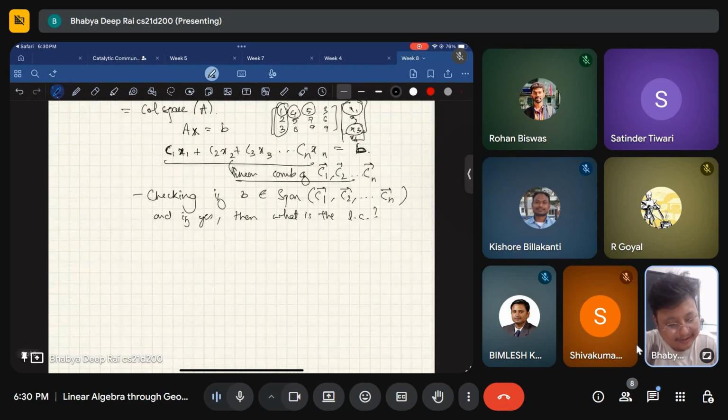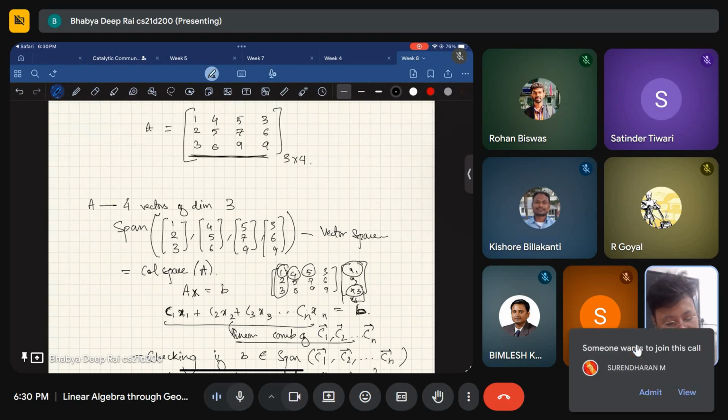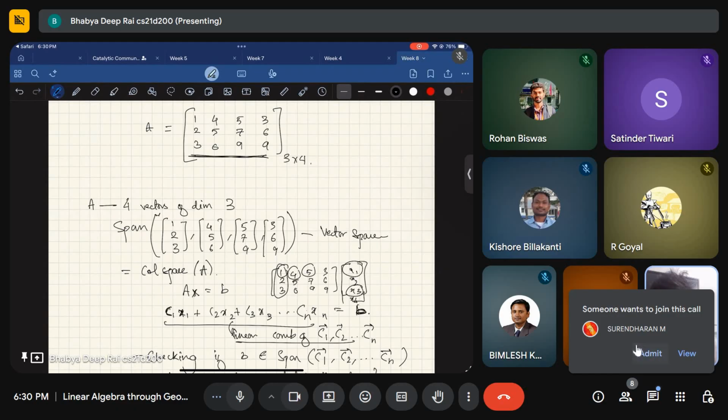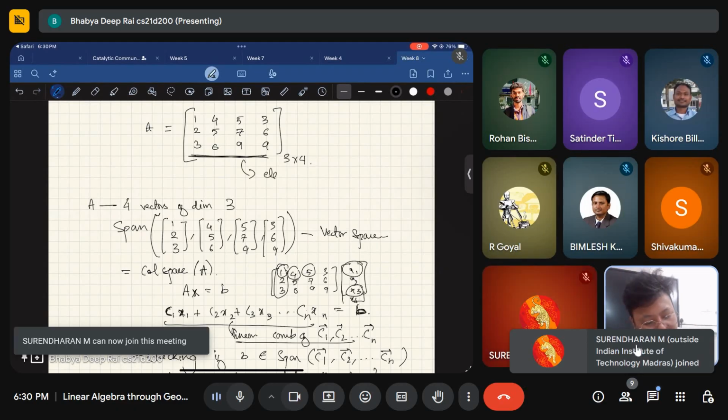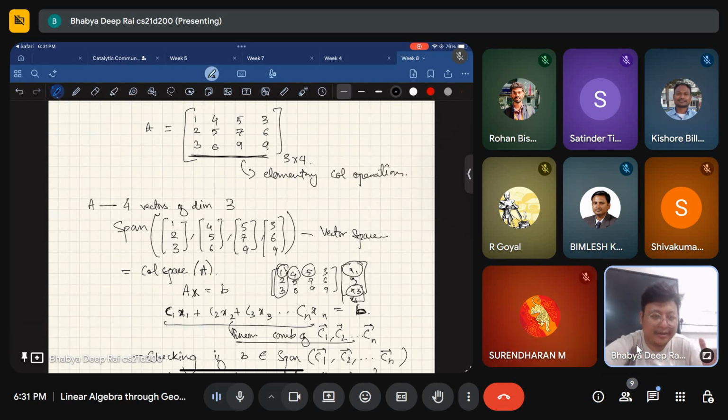I'll do that in detail in the coming questions. If I do elementary column operations, it is just doing linear combination across the columns, and if I do linear combination across the columns, I will not escape the column space because they will still be within the span of these columns.